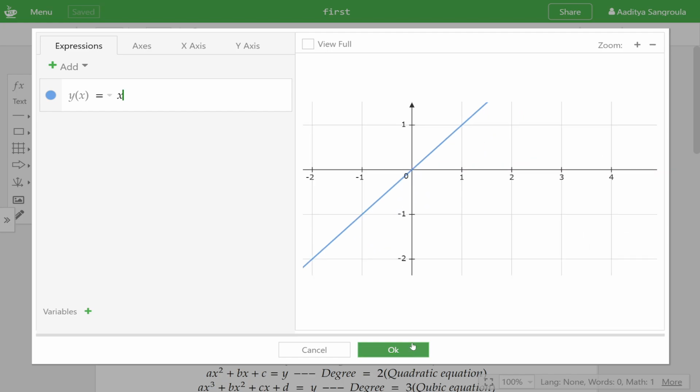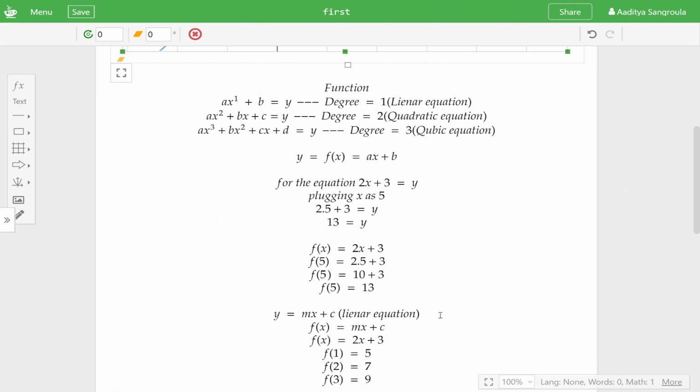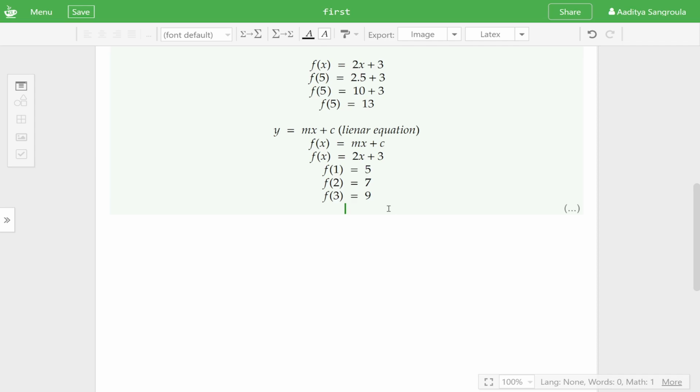So after we have this graph over here, we can calculate the slope in different ways.